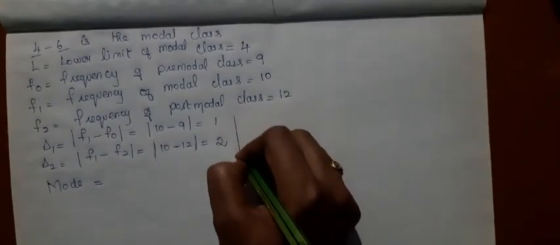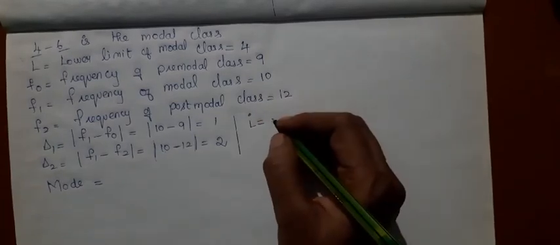Since you have modulus, you write it as 2, right? Now, let us write one more value, i, which is the magnitude of the modal class, the difference between these two numbers, which is 2. So mode is equal to L plus delta 1 by delta 1 plus delta 2 into i is the formula.